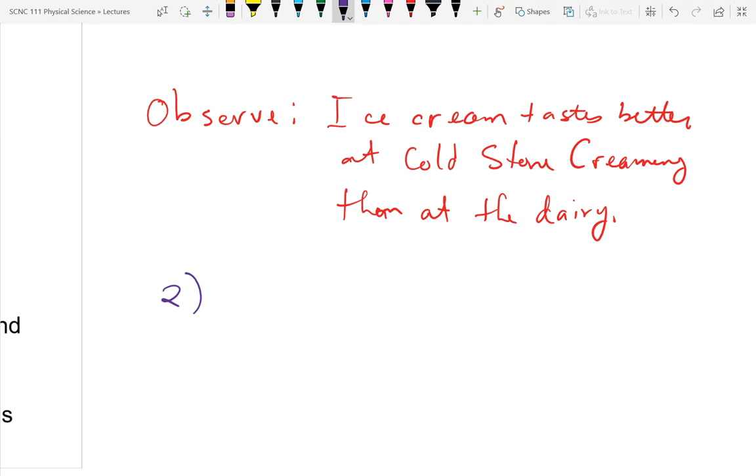So we have taste affects smell. It's also smell affects taste.